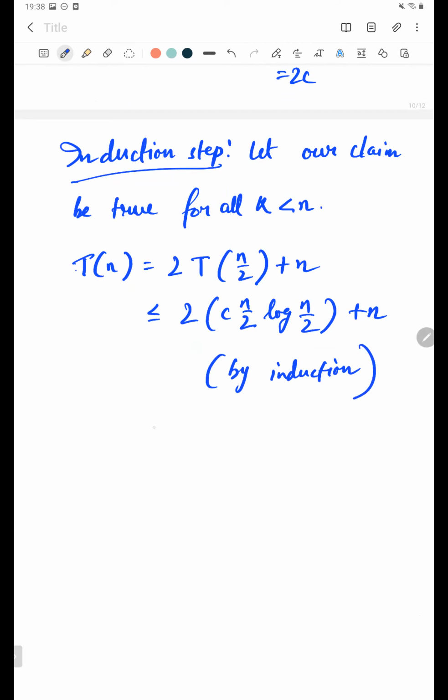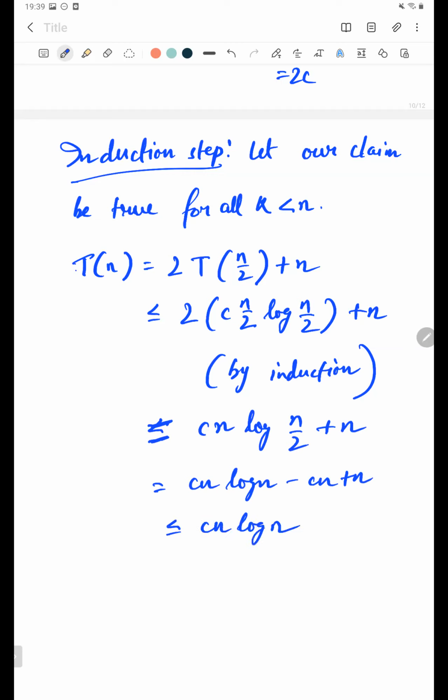Now this is equal to, sorry, Cn log n by 2 plus n. That is again equal to Cn log n minus Cn plus n, which is clearly less than or equal to Cn log n. I mean to say, we need to take C to be greater than 1 in that case.